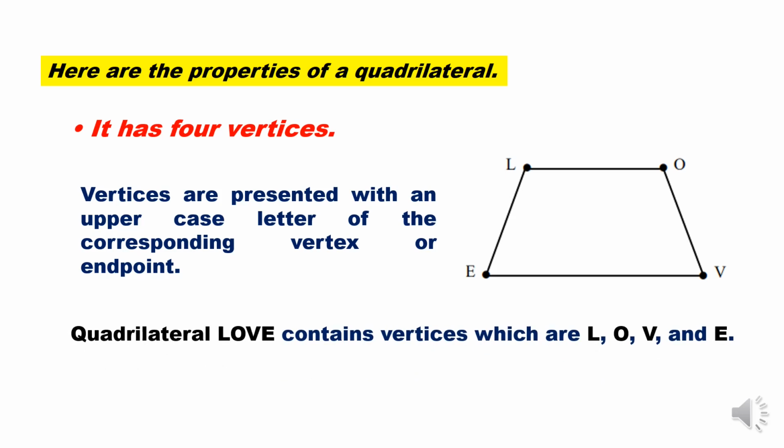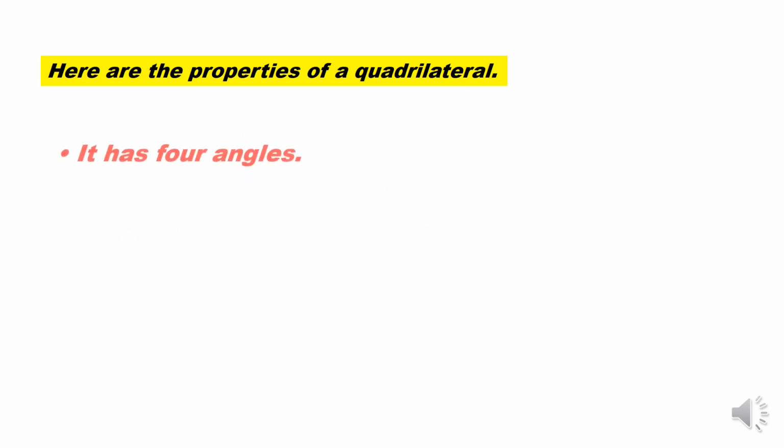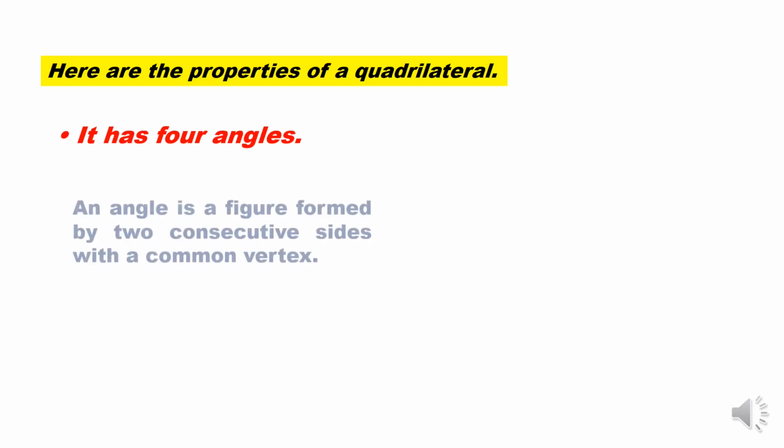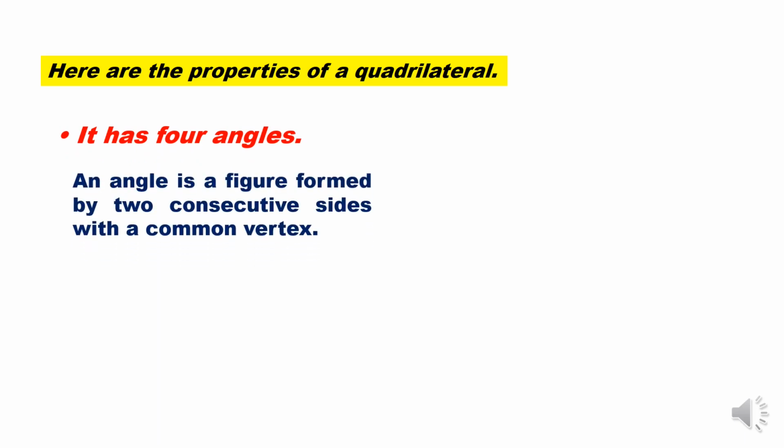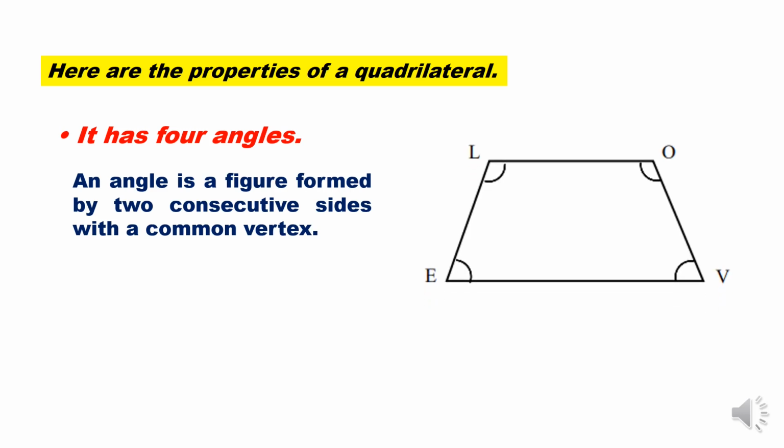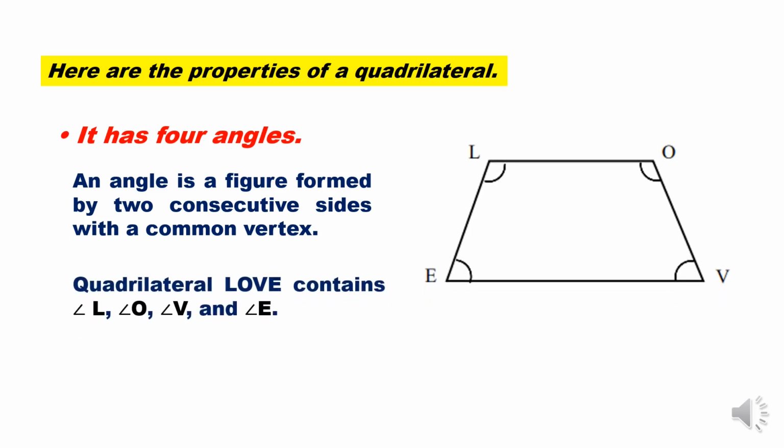Quadrilateral LOVE contains vertices which are L, O, V, and E. It has 4 angles. An angle is a figure formed by 2 consecutive sides with a common vertex. Quadrilateral LOVE contains angle L, angle O, angle V, and angle E.